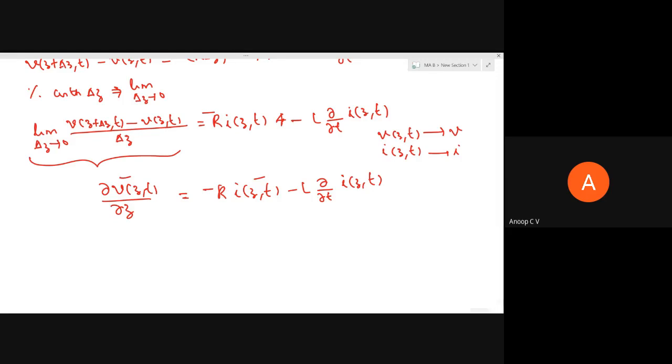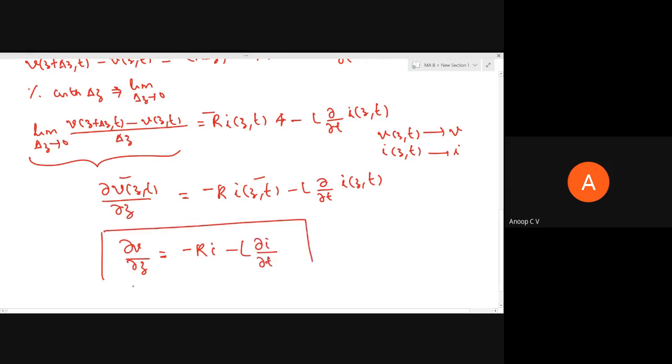For simplicity, otherwise when I'm writing a big expression, every time I have to repeat this argument z comma t. So I'll rewrite it as ∂v/∂z equals minus r i minus L ∂i/∂t.